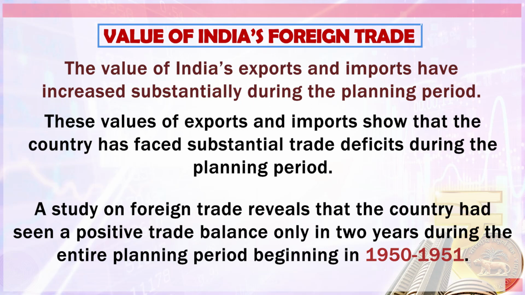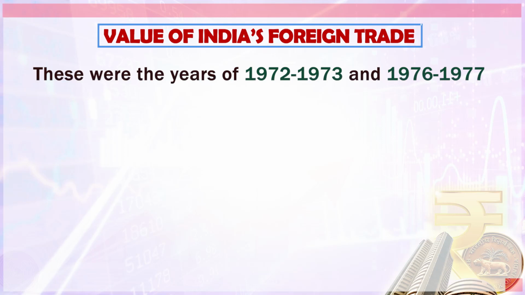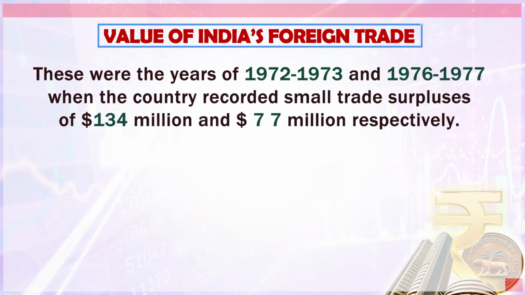That implies that India always faced a trade deficit. Over the planning periods, only in 2 years did India face a trade surplus. That is in 1972-73 and in 1976-77, where the surplus was small, amounting to $134 million and $77 million respectively. Otherwise, in the entire period, there was a trade deficit.